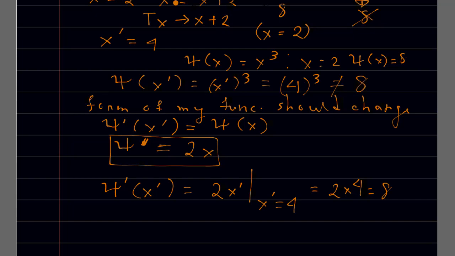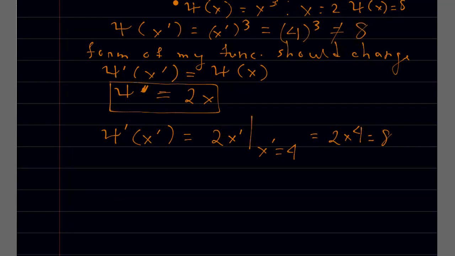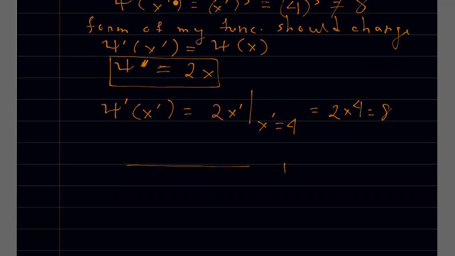Yes, so now everything is fine. So what I want to say here is that if you are in, say, 1D, at a particular point x, and I take you to a new point x prime, then if there was a function which acted on x and gave you some value, to get the same value at x prime, the form of the function needs to change. Only then can you equate them. I hope you understood this.